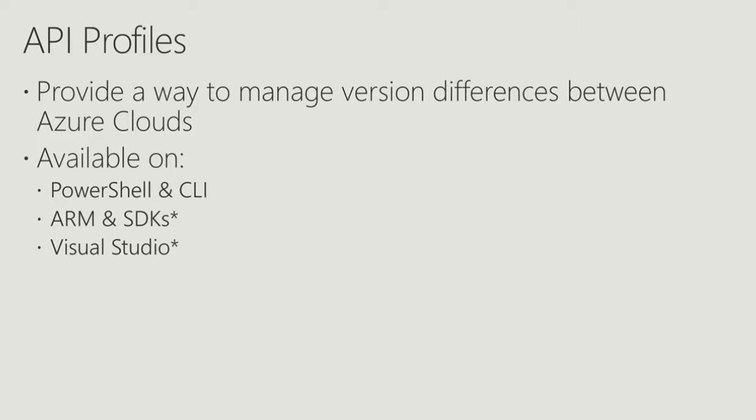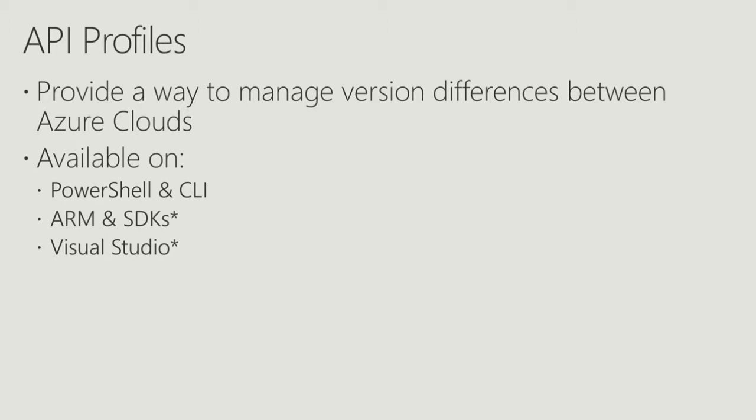So API profiles are available at the tooling level, PowerShell and CLI. It's currently available, rolled out in ARM across Azure, and it's coming soon to the SDKs and to Visual Studio with the development experience, the IntelliSense supporting API profiles.